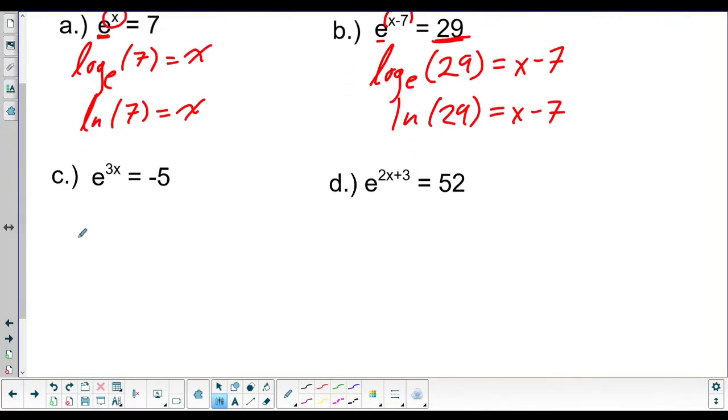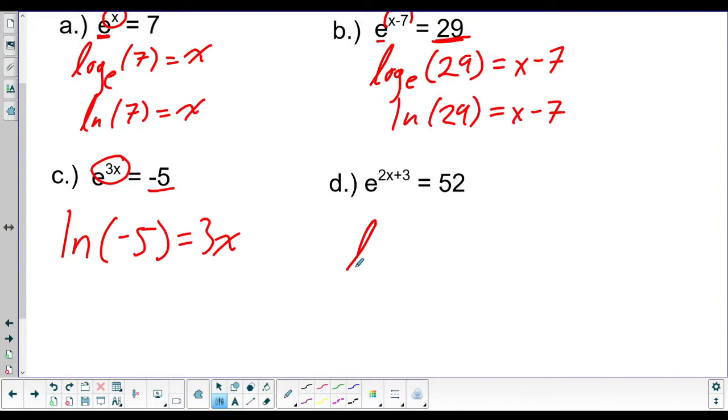Two more. Can I skip straight to the natural log? It would be the natural log of negative 5 equals the exponent, which is 3x. Same thing here. Natural log, because our base is e, of 52 equals 2x plus 3. And there we go. You're done rewriting. Pretty easy.